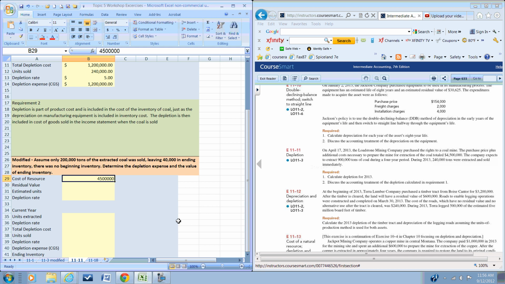Our total cost was 4,500,000. No residual value. We estimate that we will have 900,000 tons of coal. And just like before, our rate of depletion is $5 per unit.